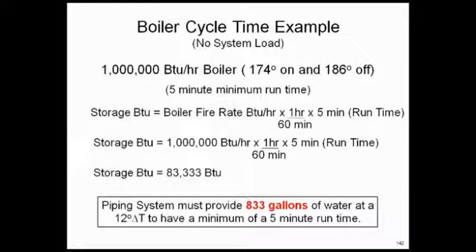If I use a 12-degree delta T and 10,000 BTUs per 100 gallons, it's going to take 833 gallons of water in my system to make sure that a 1,000,000 BTU fire rate runs a minimum of 5 minutes. Now, that would be a big system, I agree, but all you have to do is calculate the volume of water and make sure you've got 833 gallons. I'm just trying to walk you through an example.